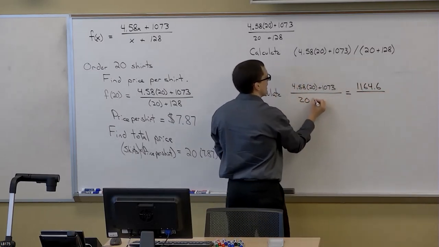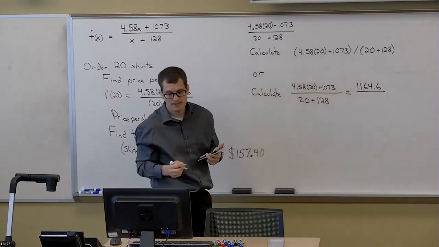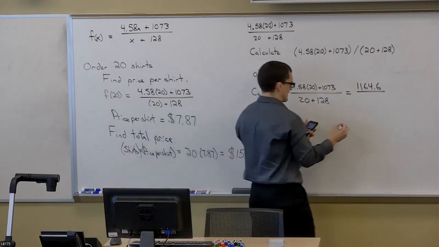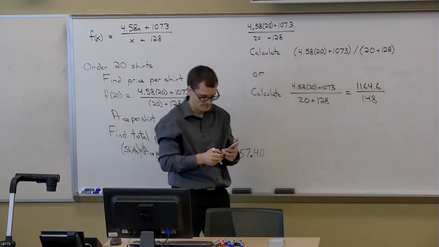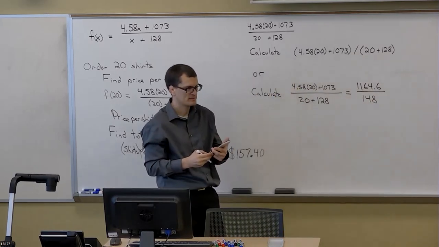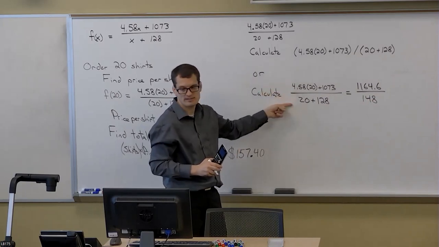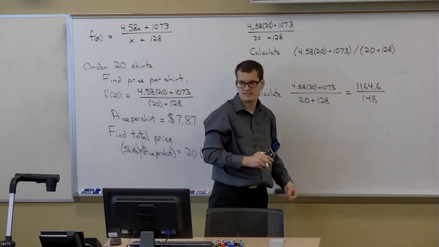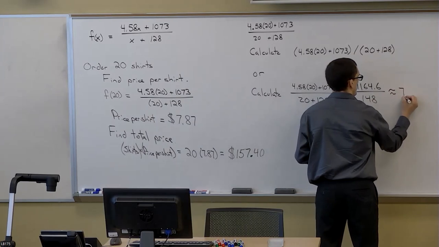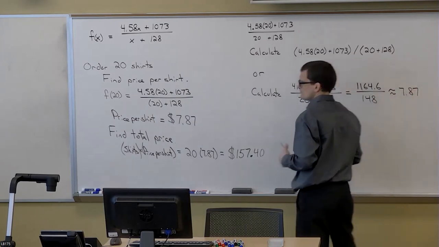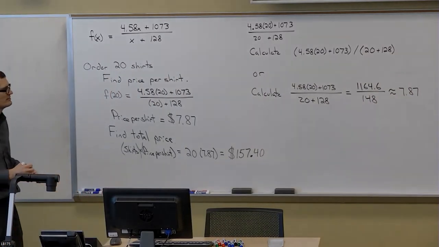And then maybe on another line in my calculator or just in my head, I add 20 plus 128, which becomes 148. So I calculate the top first, then calculate the bottom, and then I divide. I'm rounding that to 2 decimal places because it is a monetary amount.